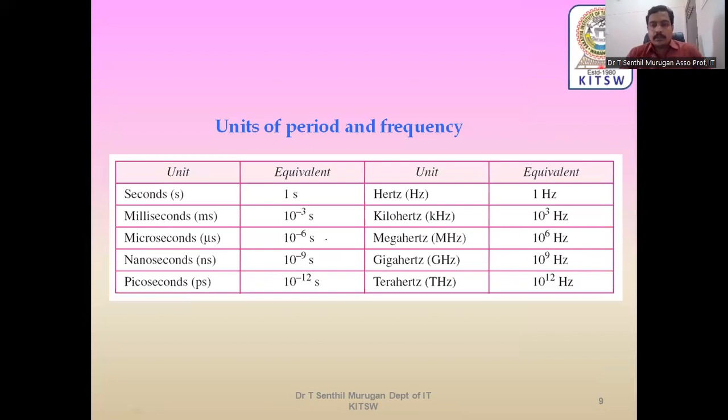We must know the units used for both period and frequency. Normally the period is represented in seconds and frequency is represented in hertz. Seconds means 1 second; milliseconds means we divide a second into 1000 parts. That is considered a millisecond.